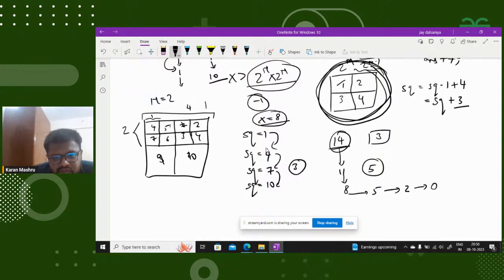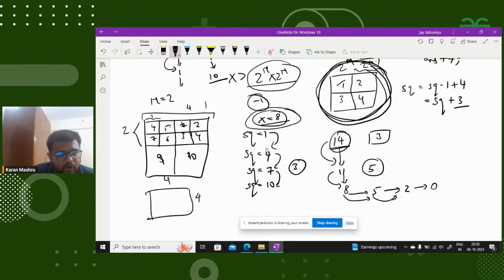Similarly here, we are decreasing the count. First required was 14, then required was 11, then required was 8. Why? Because at every step I am getting 3 more fruits. Similarly, if I want the total number of squares to be 8, initially I have one square of side 4 by 4.